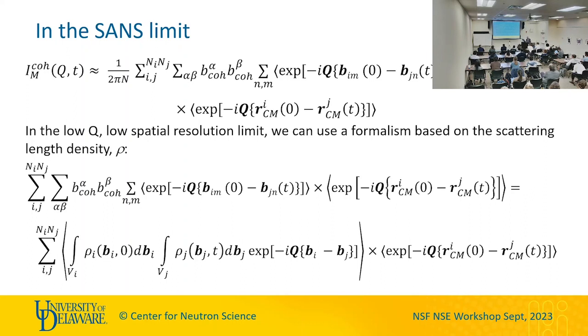But you are correct. If we assume that the concentration is low enough, that each protein is far enough from the other one, then you can say the correlation is very weak and you can neglect it. If you are in a concentrated system, you cannot do it.